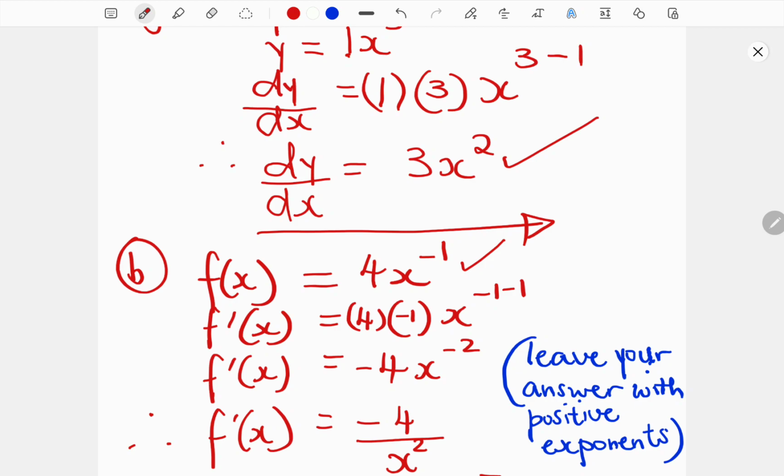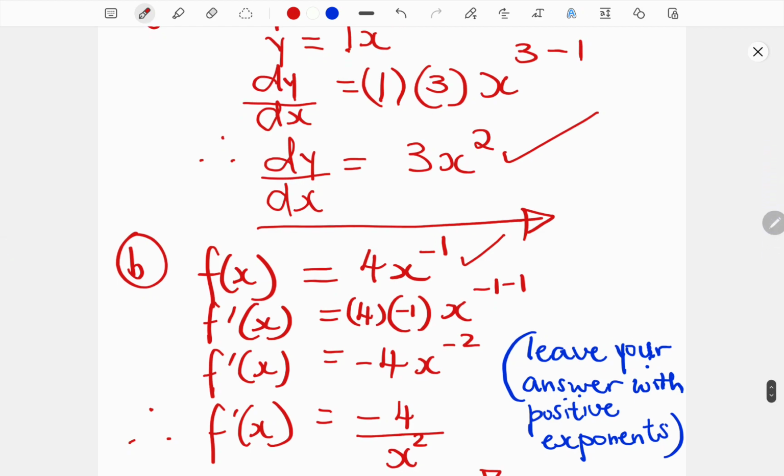But the rule of the derivatives says you must leave your answer with positive exponents. As we can see here, we are having a negative exponent, okay? So we can't leave our answer like this. It means we're going to leave it in a positive exponent. So to leave this in a positive exponent, what do you need to do? We are going to have a numerator and a denominator.